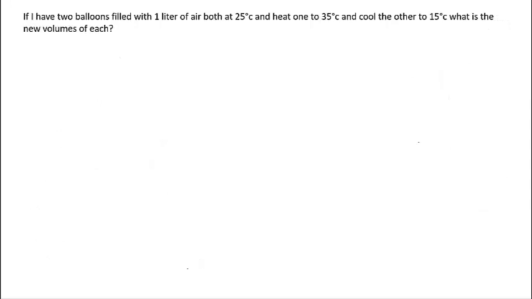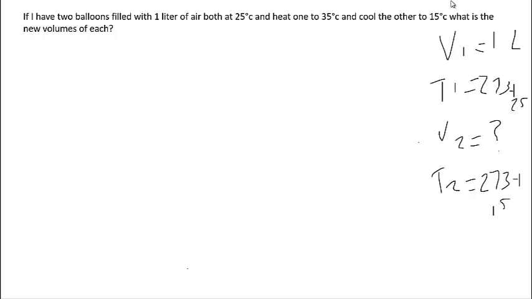So now we have to do the same thing, but this time we're going to cool the balloon. So we've got our V1 equals a litre still, and our T1 is 25 degrees, or 273 plus 25 to convert into Kelvin. Our V2 is our unknown, that's what we're going to work out, and our T2 is 273 plus 15 degrees, since we've cooled it down now.